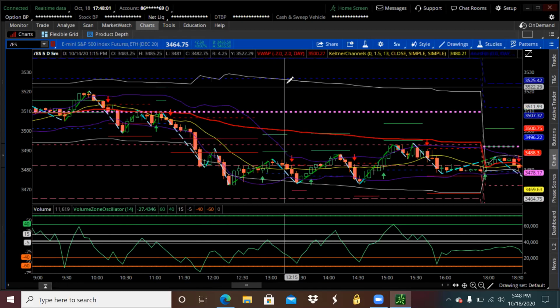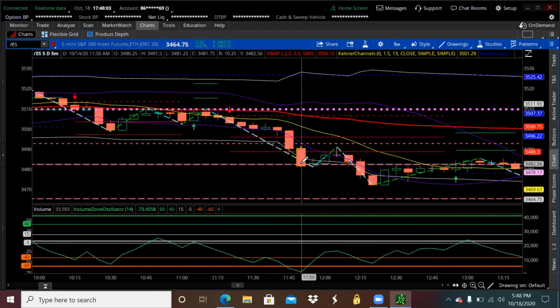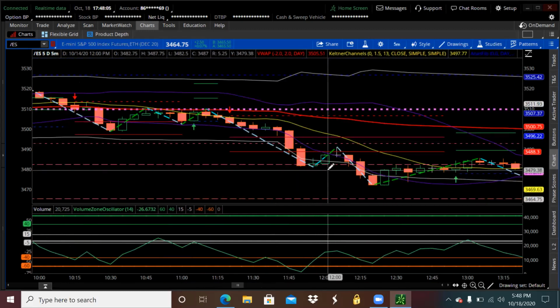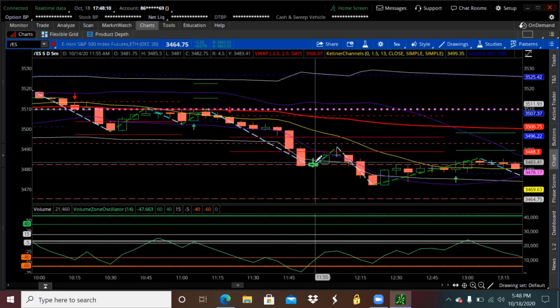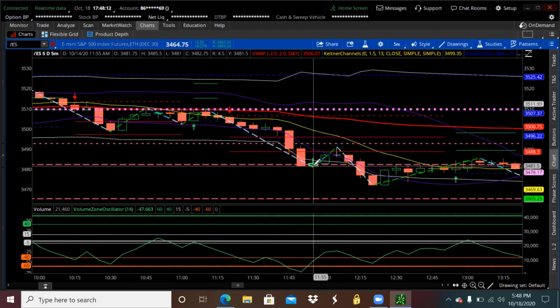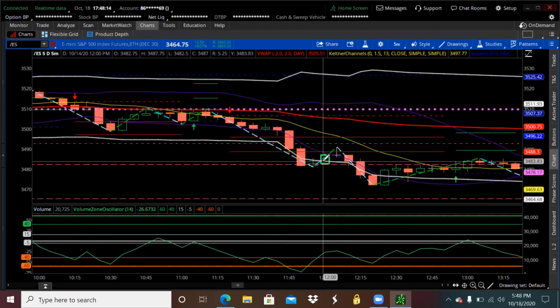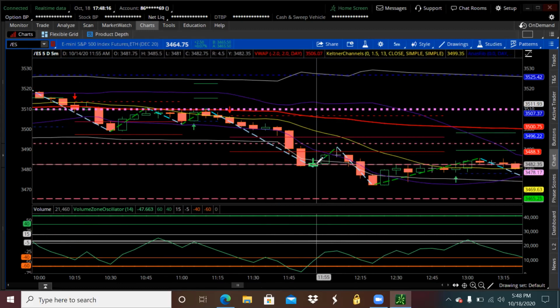And I thought it would be going higher because we are on the second line, which is the S2. And normally that's my entry. To me that is an entry on SPX.